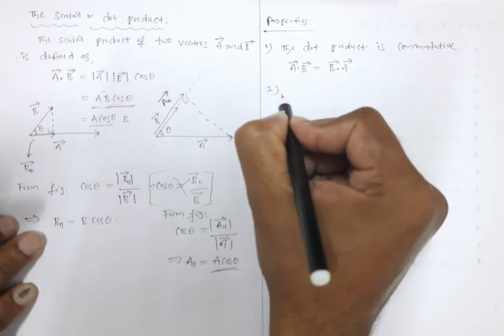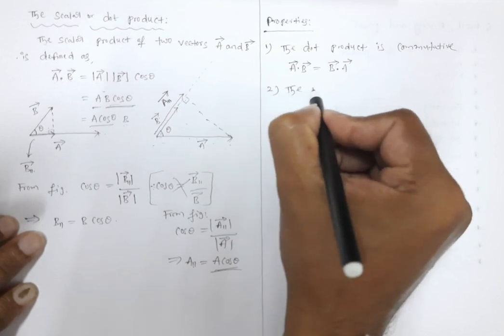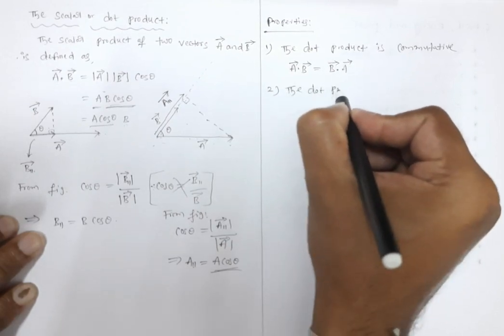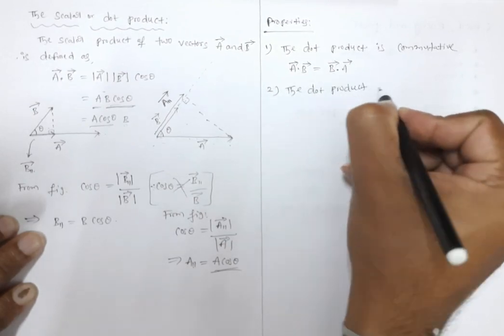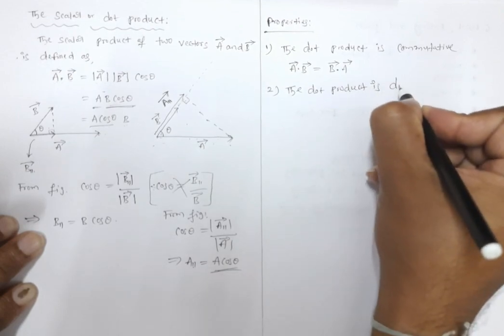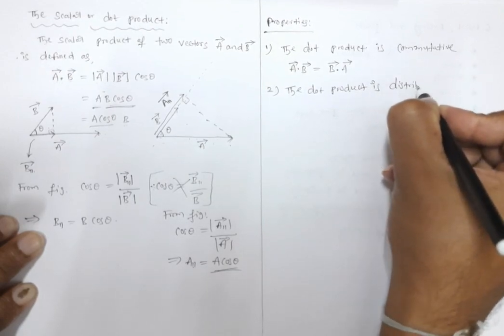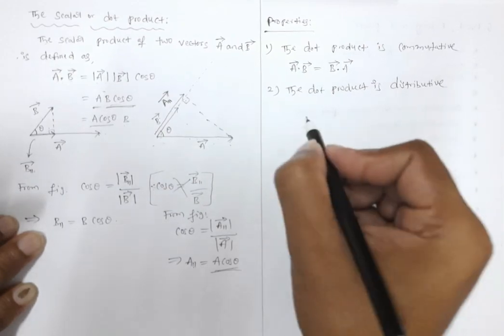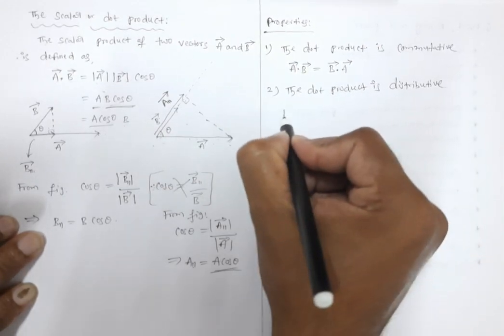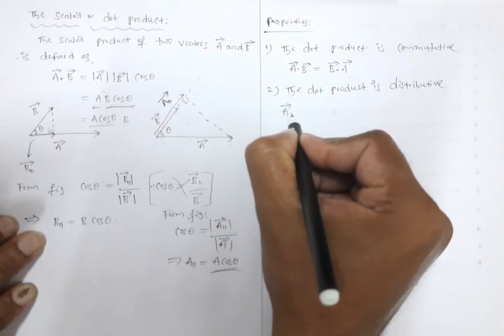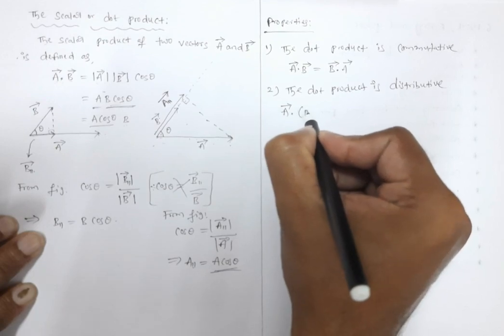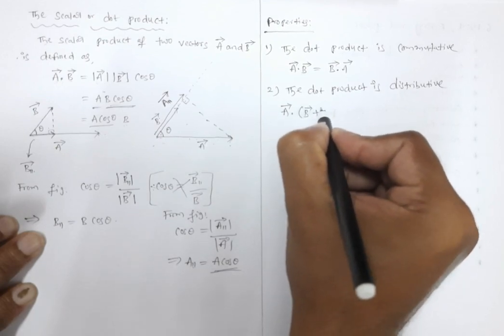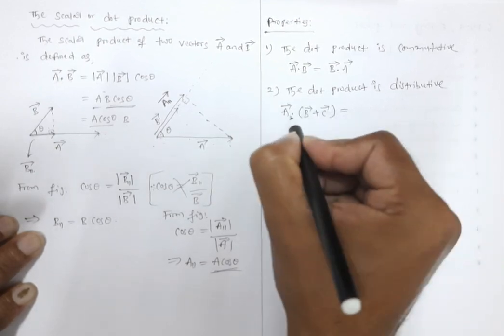And the second one, the dot product is distributive. That means suppose we have a vector A bar and we have the vector sum of another two vectors like this, B bar plus C bar.